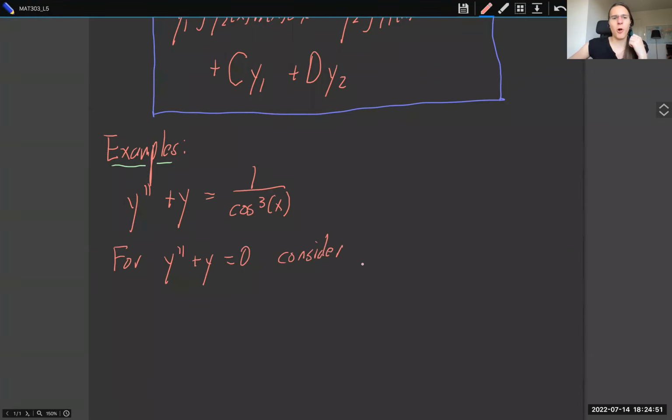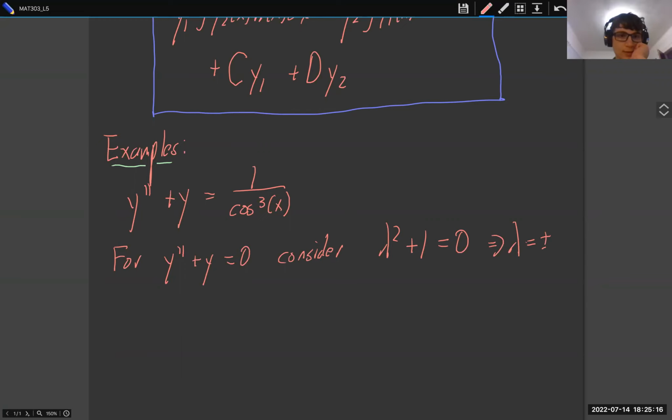So what polynomial do we consider? Gamma squared plus 1 equals 0. Yes, and the roots of this are plus and minus i.